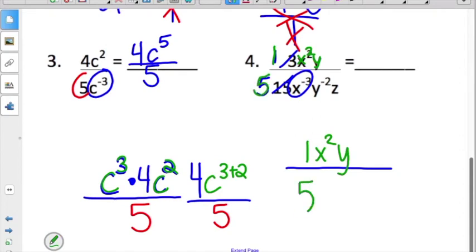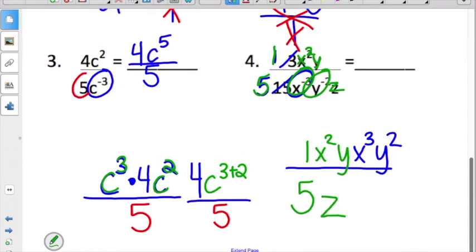We have our x to the negative third, which we're going to remove the negative and place in our numerator, which becomes x to the third. We have our y to the negative second power in our denominator. We're going to remove the negative and place it in the numerator. And also in our denominator, we have a z. Since it doesn't have a negative, we can't move it. We're just going to leave it in the denominator.